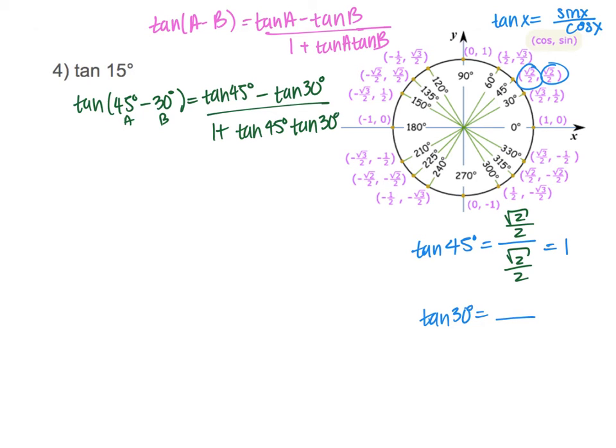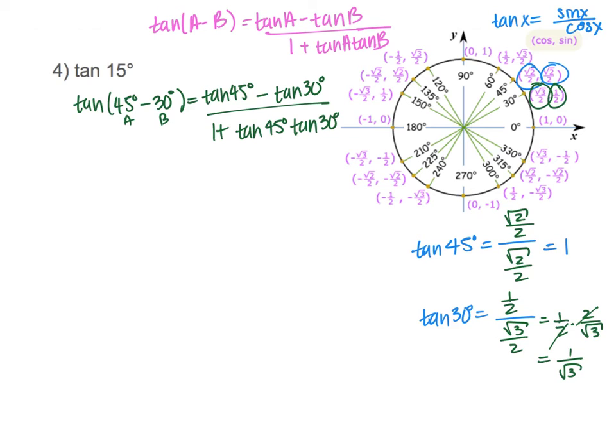So sine here looks like it's 1/2, and cosine here is the square root of 3 over 2. If you divide fractions, you have to multiply by the reciprocal of the denominator. So this would be 1/2, flip the denominator. The 2's would cancel if you multiply straight across, and so this would be 1 over square root of 3.